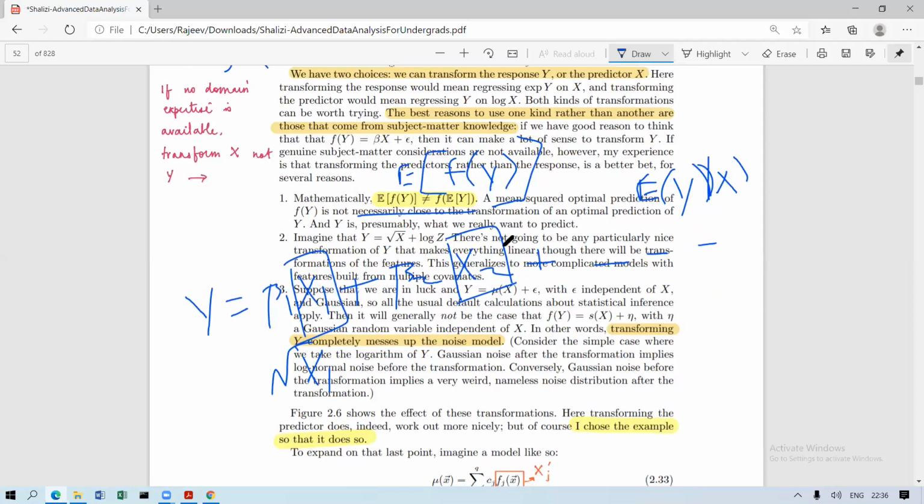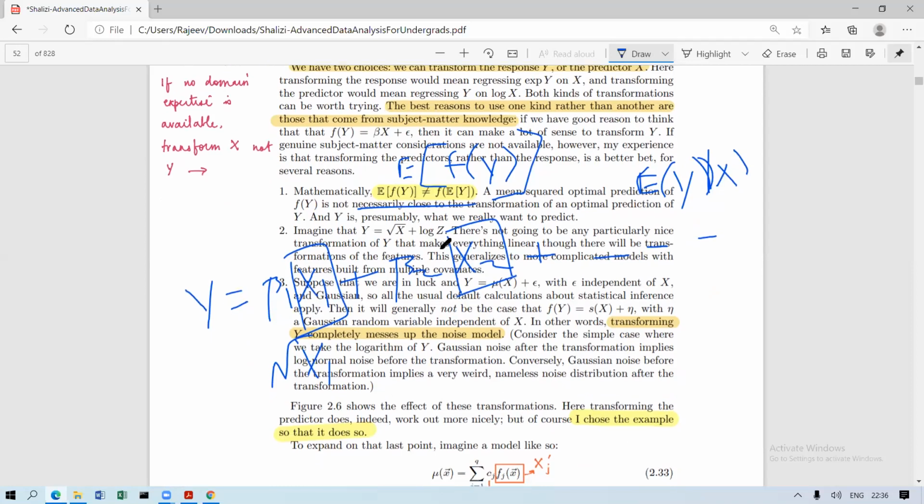So that is the second case, and in the third case, what he's saying is, if you transform y, say as I said, it's best if epsilon comes from a Gaussian where the variance is independent of x, and say you have such a case.